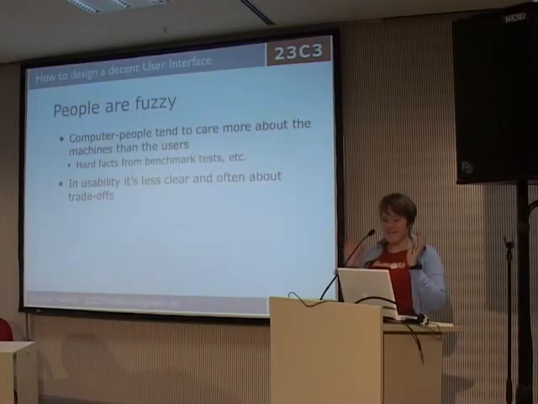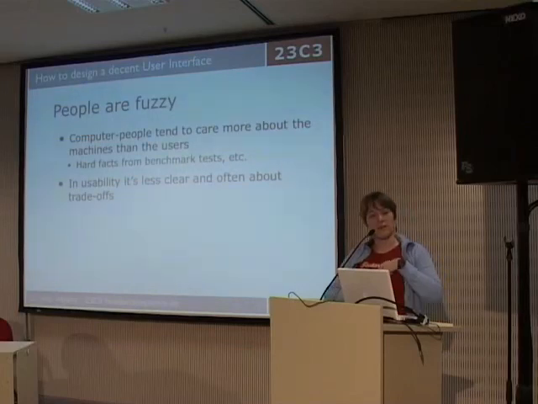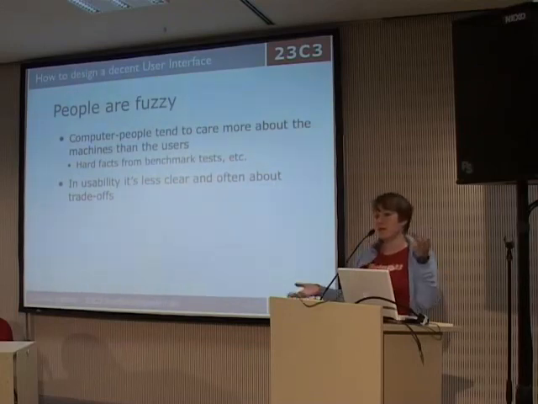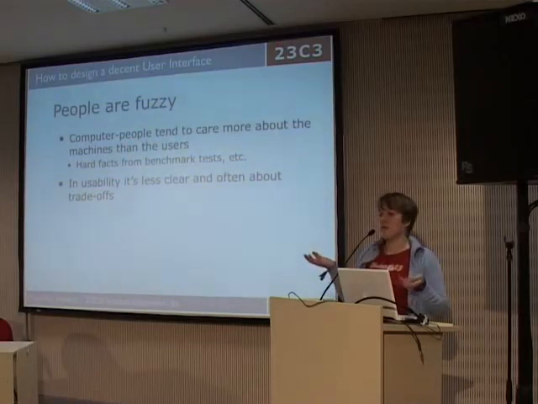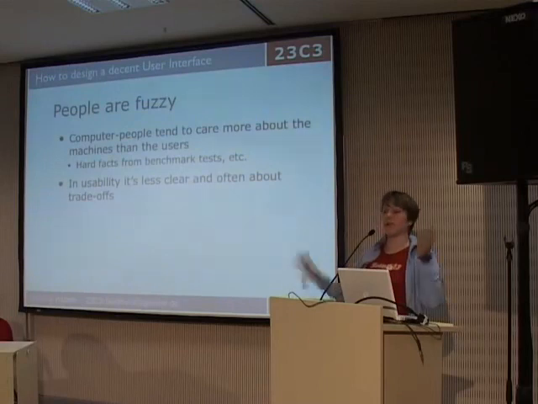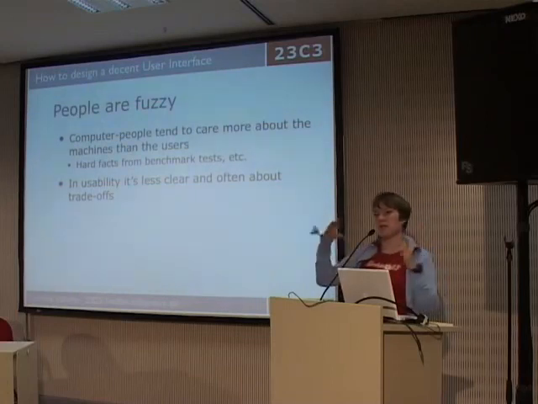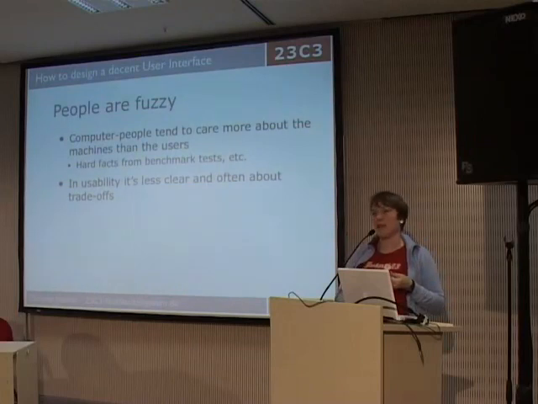It's often less clear, and it's also about trade-offs. If you improve one thing, for example, you make it easier for the expert, then you sometimes make it harder for the beginner. Or if you increase the font to make it better for people who have bad sight, then you can't get as much on the screen as before. So it's about trade-offs, and we tend not to like that.